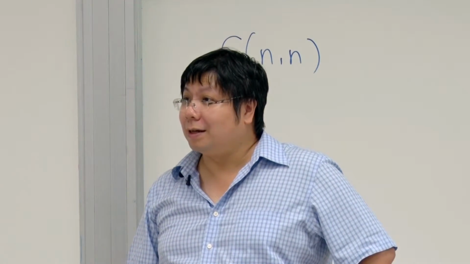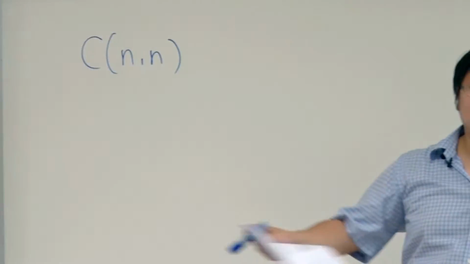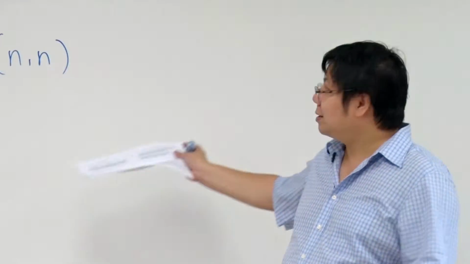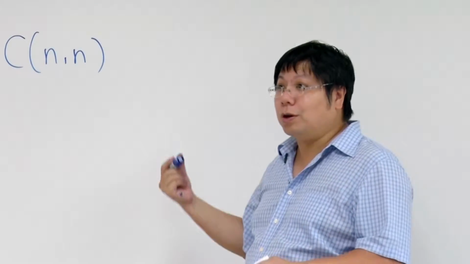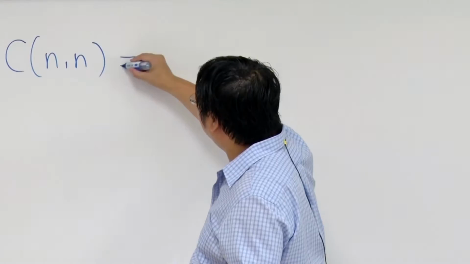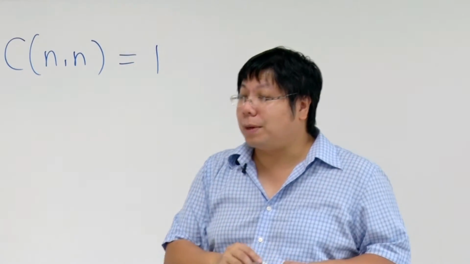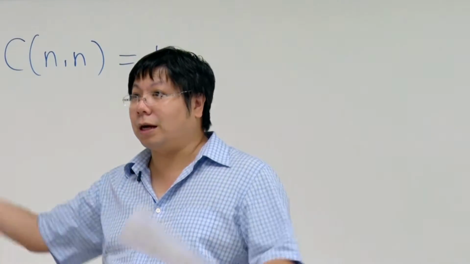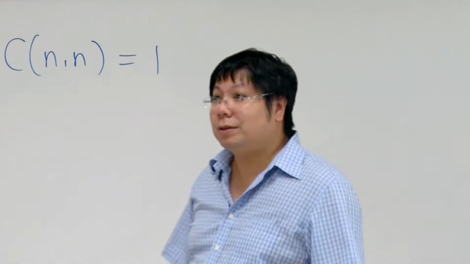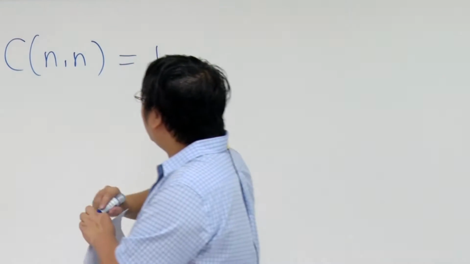How many ways are there? 1. Very good. We don't know the formulas to calculate C(n, r) or P(n, r), but C(n, n) must be equal to 1, because to select n items from n items, you have to take all. There's only one way. There's no other choice. Arrangement doesn't count, so it must be 1. How about C(n, 1)?